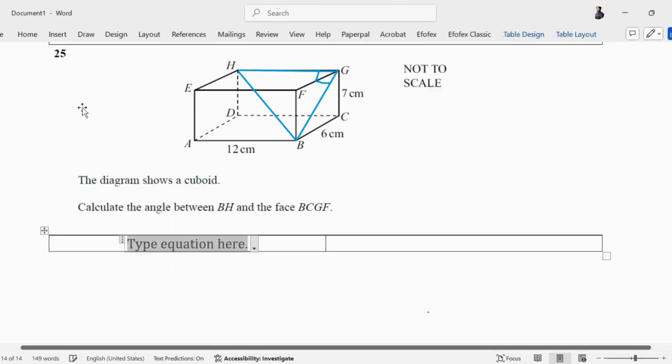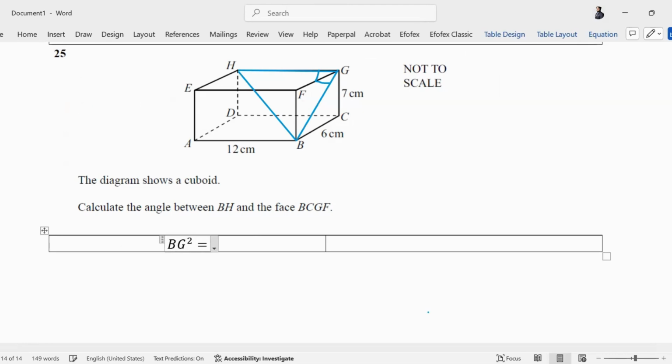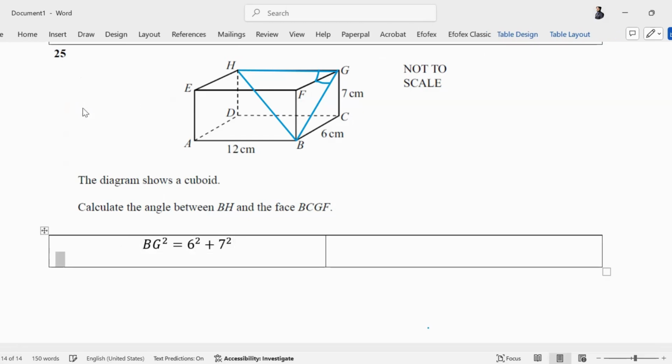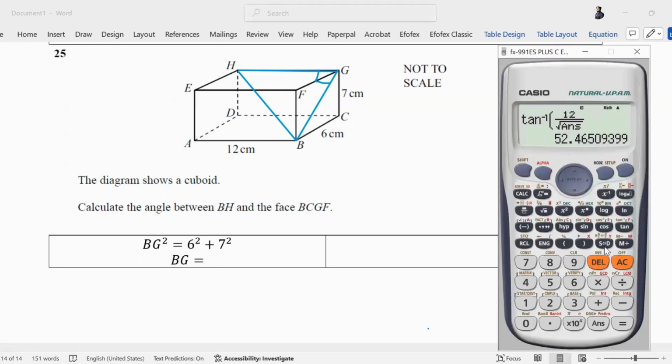BG is my hypotenuse. BG squared is 6 squared plus 7 squared. So the value of BG is, I can just use this one, 7 squared plus 6 squared, and square root of the answer, which is square root of 85.